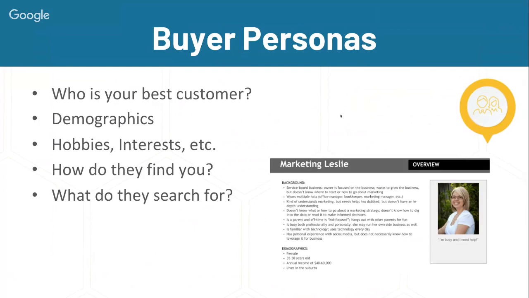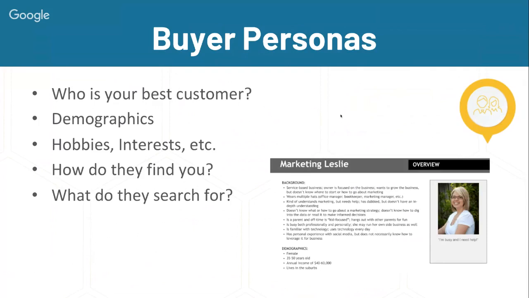You're going to write up a generalized version of your top 3 or 4 best favorite customers. And you're going to write down demographics, where they live, what they do for a living, how old they are, any hobbies and interests that people like your favorite clients tend to be engaged in, how they tend to find you inside of their marketing. So do they respond to emails?